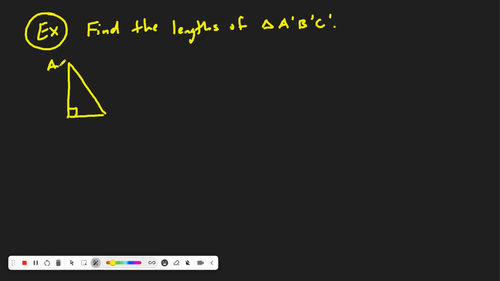A is up here, B is the right angle, and C is here. I'm giving you that these sides are 3, 4, and 5 in length. And I'm going to give you the scale factor, which is n, equal to 3. What I want to do is find the side lengths of the new figure. Because n is greater than 1, we are going to enlarge.